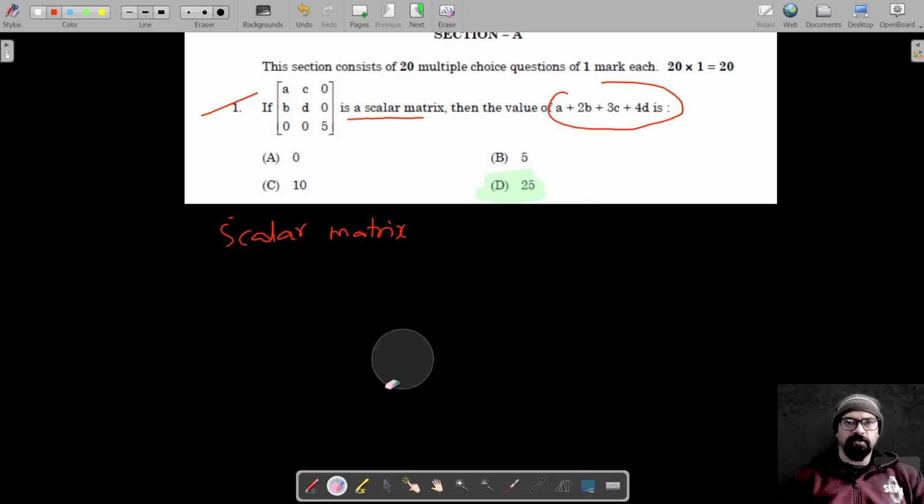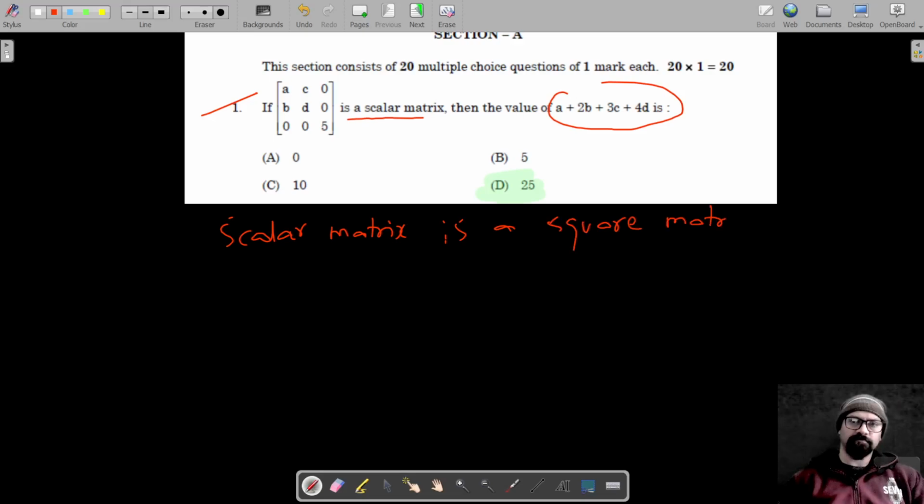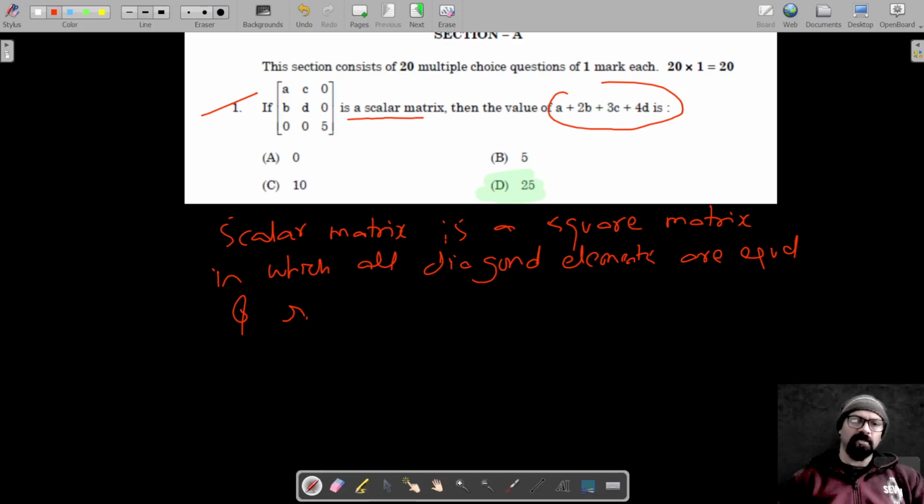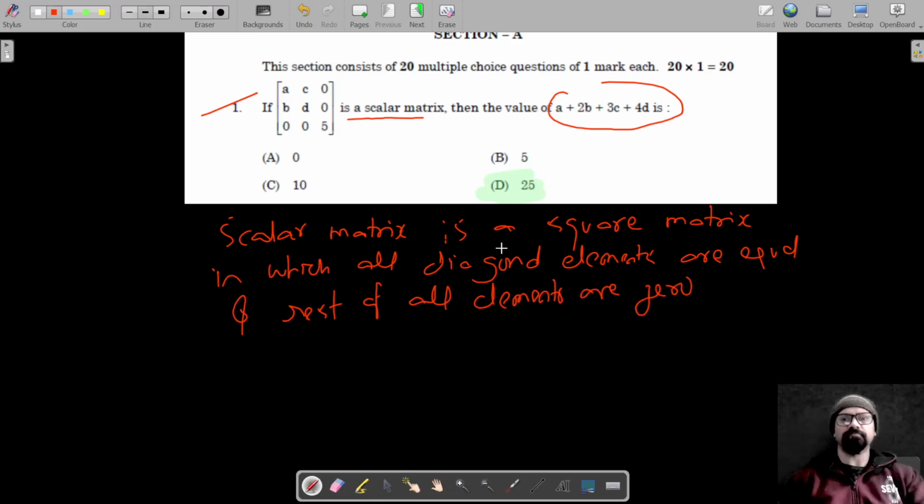So a scalar matrix is, first of all, a square matrix in which all diagonal elements are equal and the rest of all elements are zero.